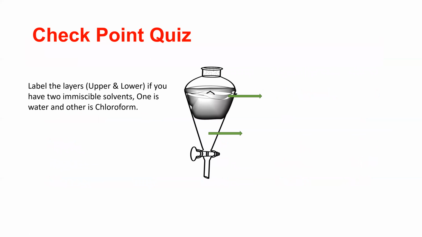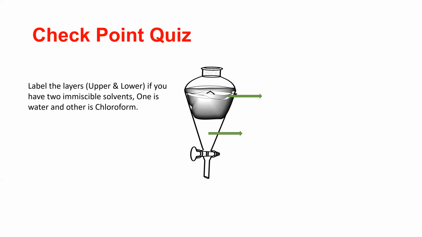Now at the end there is a checkpoint quiz to see whether you get the idea of how density has an impact when you're conducting solvent extraction. Solvent extraction is basically a physical method of separation of two immiscible solvents, to get your product, if your product is either soluble in a water medium or soluble in an organic solvent.